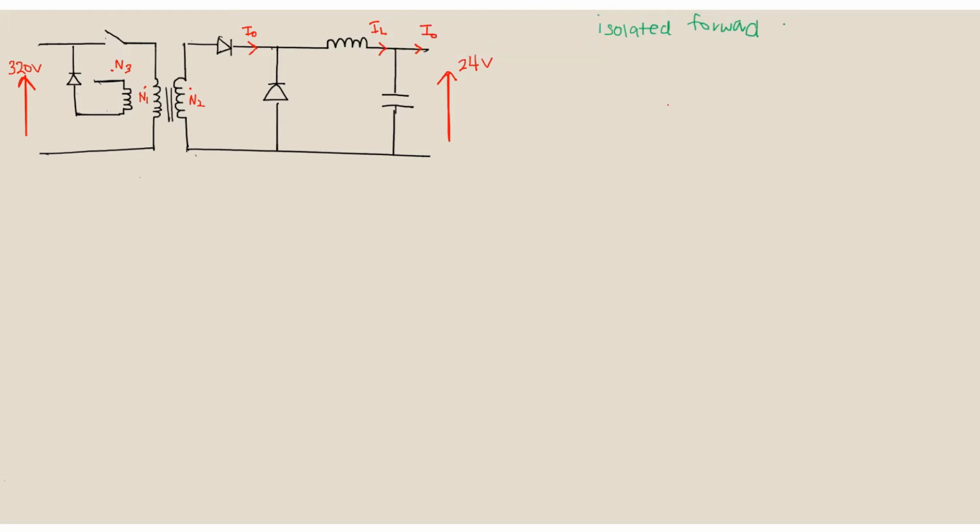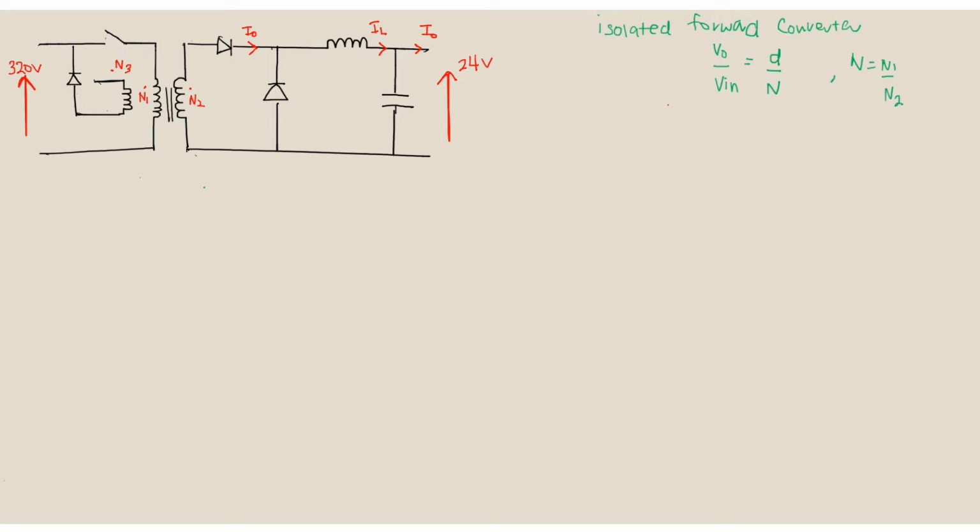So today I'm going to introduce the ratio between V out and V in for the isolated forward converter. This one you have to memorize. It's a very important formula. Let's say N is the ratio of N1 over N2.